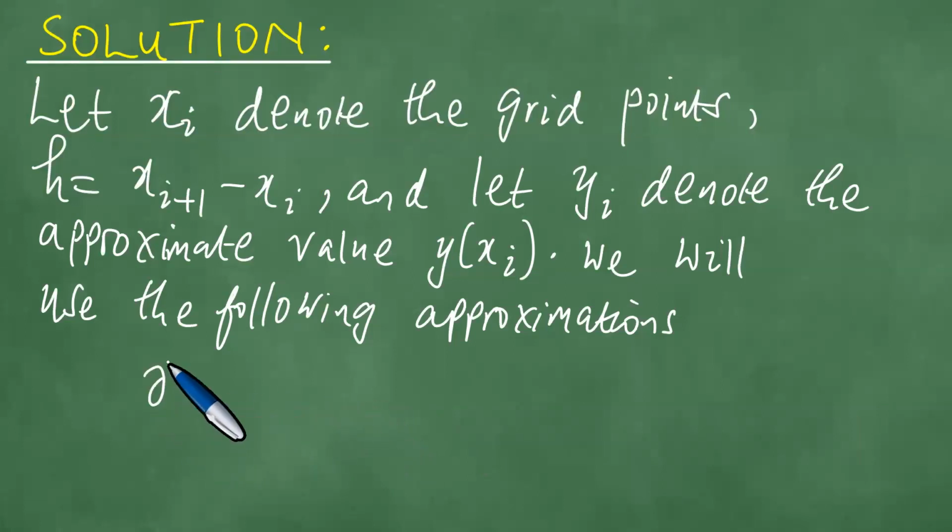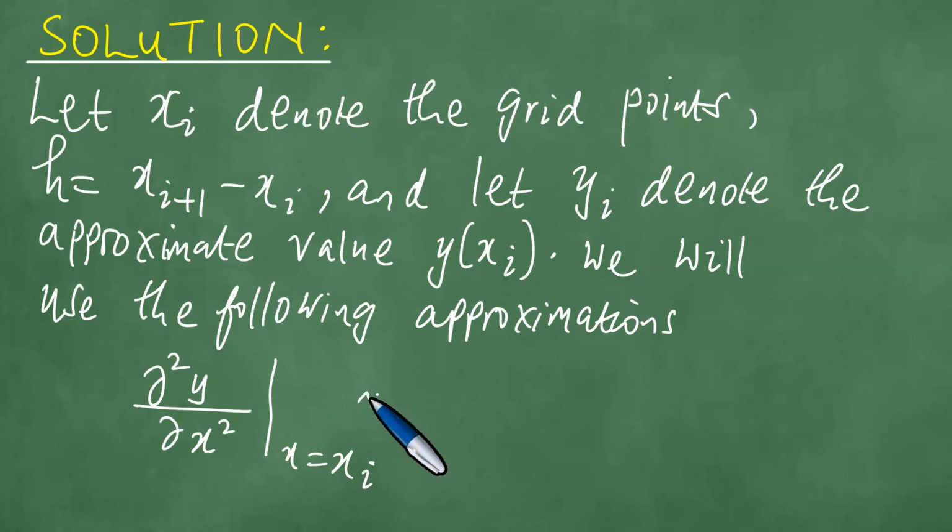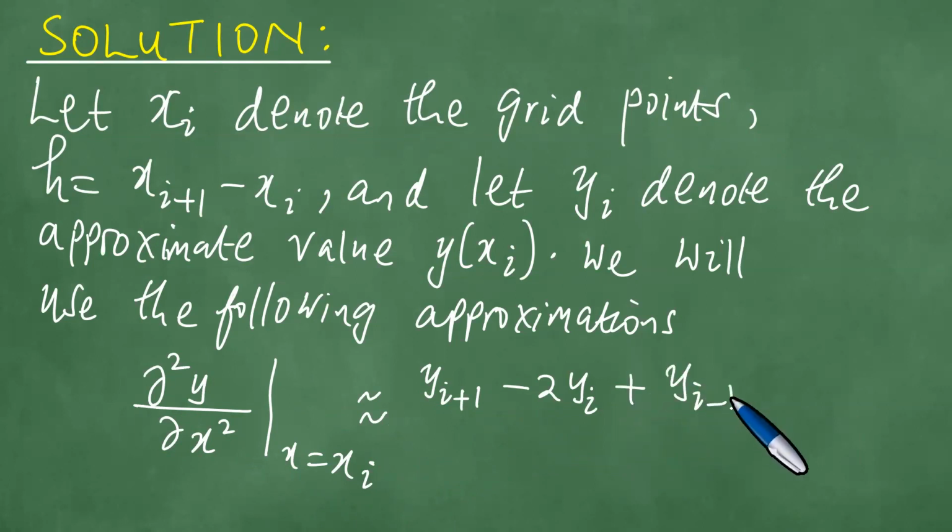The approximation we're going to use is that the second derivative of y with respect to x squared, evaluated at x equals xi, is approximately yi plus 1 minus 2yi plus yi minus 1, divided by the square of h.